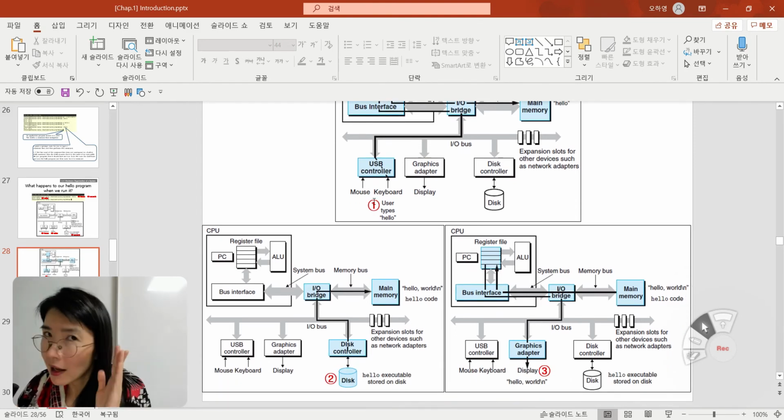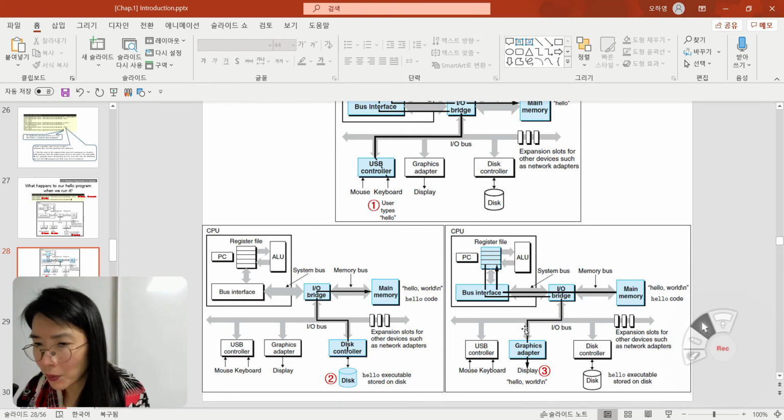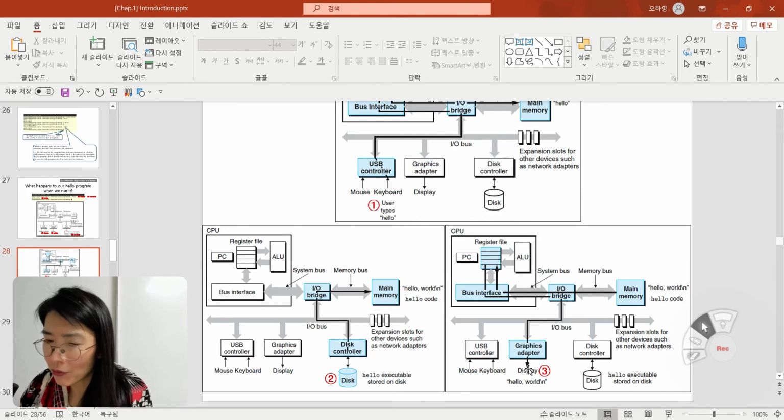So in step 1, we can type, and as I mentioned, you can check the borderline, okay? We can find the executable file on your disk, all right? And then when you check the other borderlines in step 3, we can check the proper result on our monitor, okay?